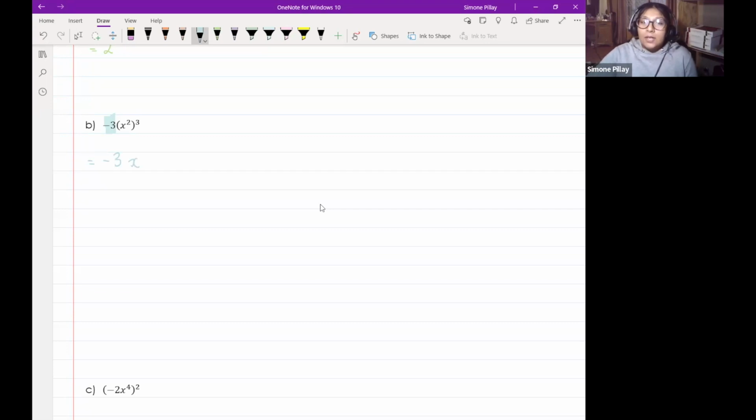It's my power. And so I'm going to go 2 times 3. And this also gives us an exponent of 6, and it's going to be -3x to the power of 6. And so by doing this, -3x really means -3 times x to the power of 6.